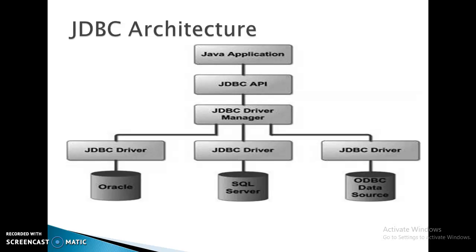If it is Oracle, then the Oracle type of JDBC driver will be utilized. For SQL Server type databases, the SQL Server JDBC driver, and for some other DBMS, that particular specific type of JDBC driver will be utilized. So it depends on which type of driver we are utilizing. This will be discussed in the next class, the next slide.